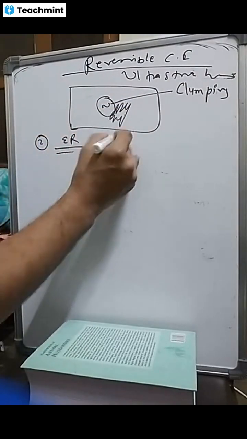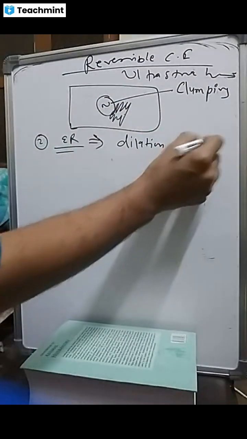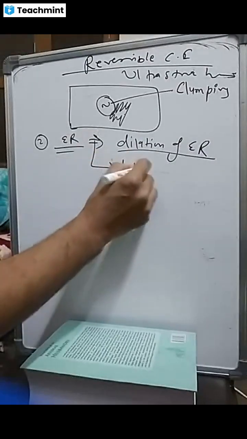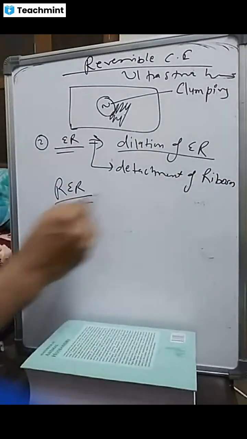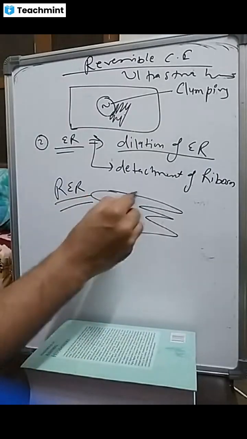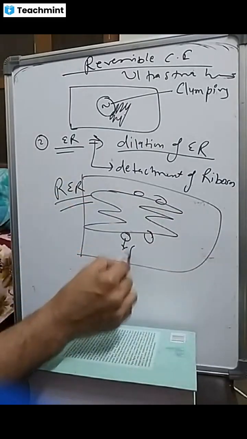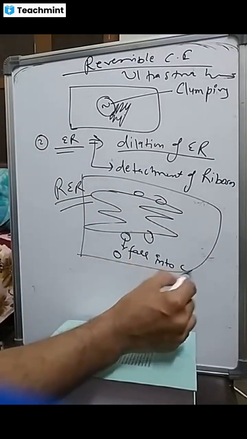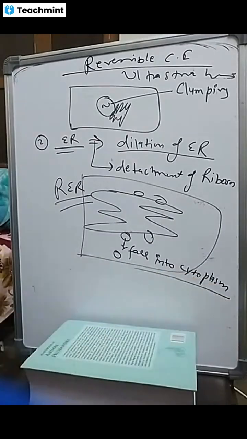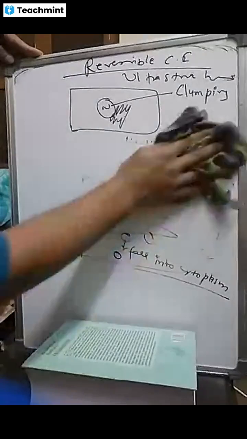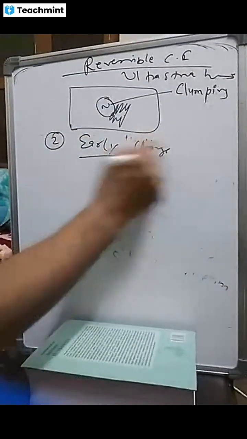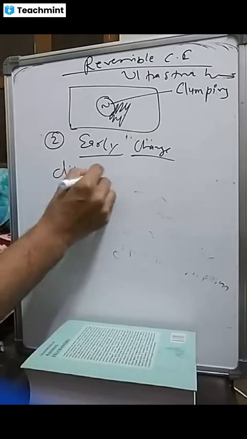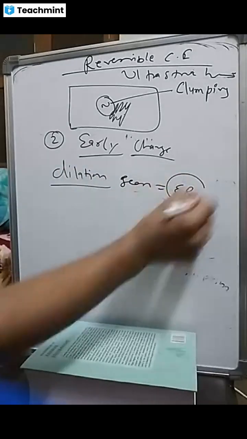Number 2 is swelling of the endoplasmic reticulum and detachment of ribosomes. In rough ER there are ribosomes, and these ribosomes may fall into the cytoplasm.